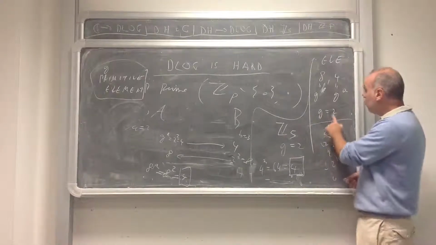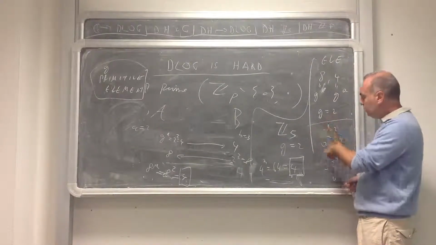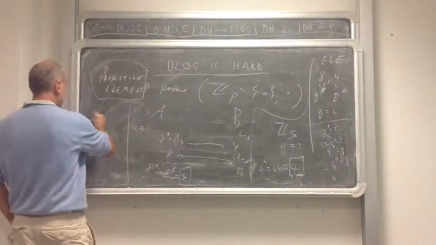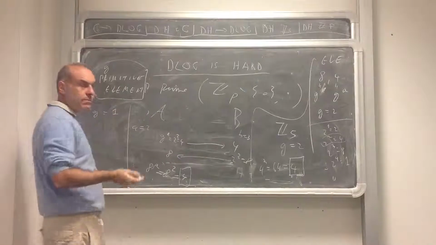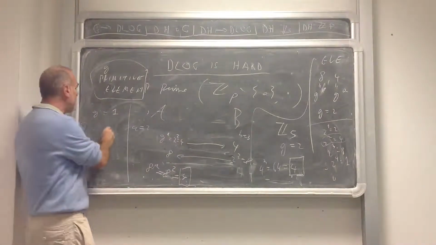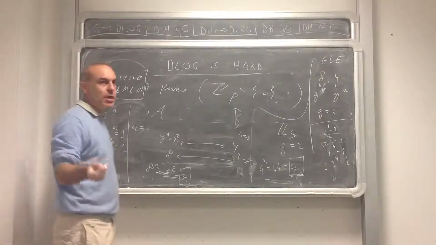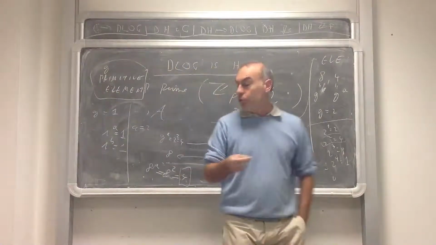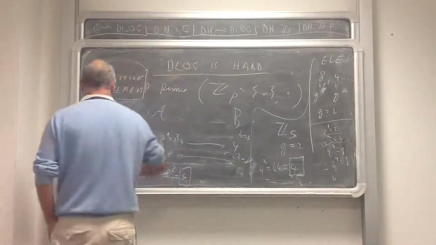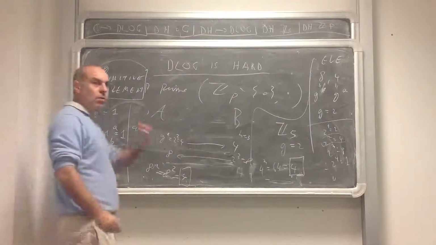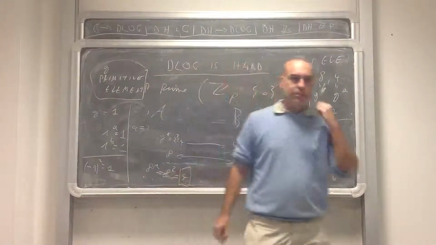So in this case, 2 is primitive in Z5. However, if they choose G equal 1, then every power will be 1. That's the worst case. Or you can choose even minus 1. Minus 1 squared is 1. It has only 2 distinct powers.